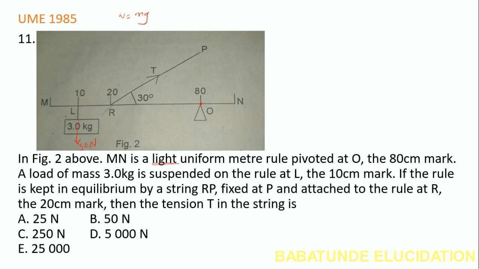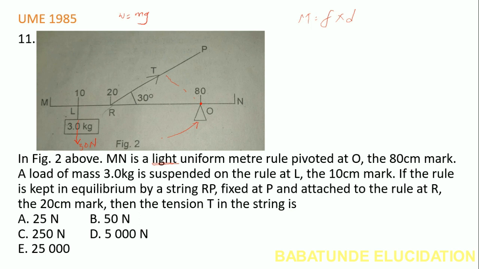So if we take moment about this point, this force here is going to be having an anti-clockwise moment about this point. Moment of a force is defined as force times the perpendicular distance of the line of action of the force to the axis of rotation, or the point where we are taking moment about.